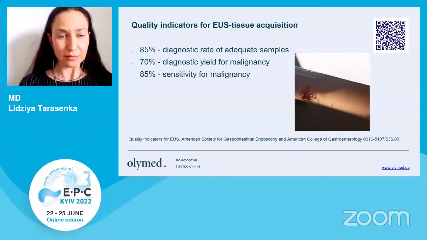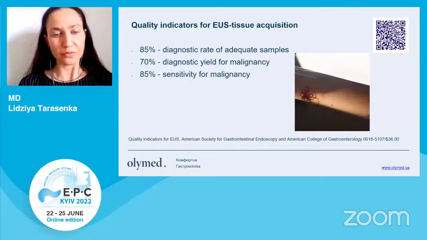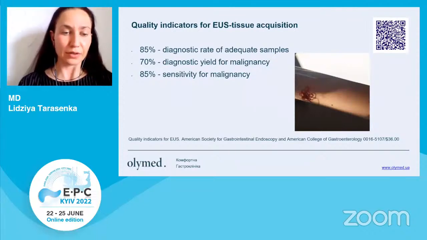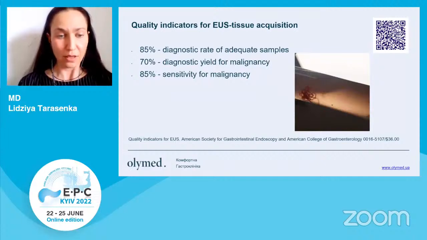In terms of success of this procedure, EUS tissue acquisition is sometimes more dependent on the experience of the endosonographer, of the pathologist, as well as handling of the material, rather than the needle design. These factors, however, are difficult to evaluate.